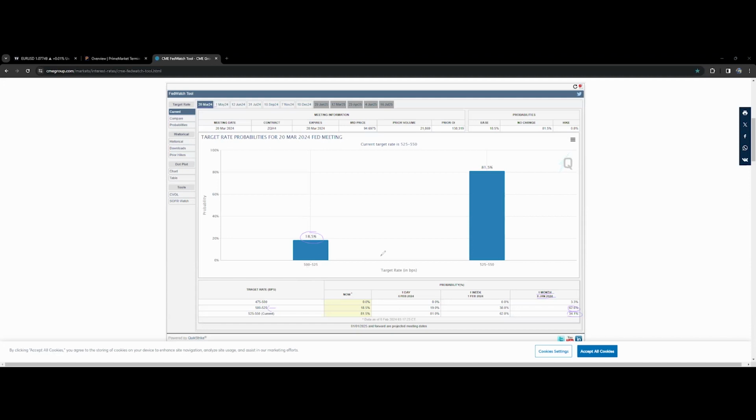So that was a big change, coming all the way from 62.6% to 18.5%, and it keeps changing, because a day ago we were 19, a week ago we were 38, and a month ago we were 62.